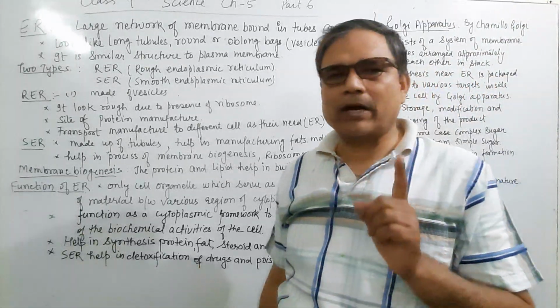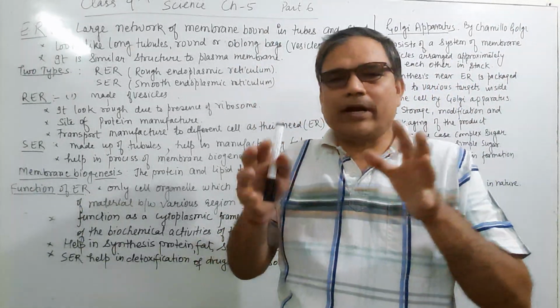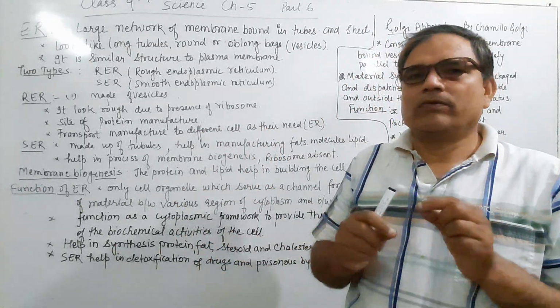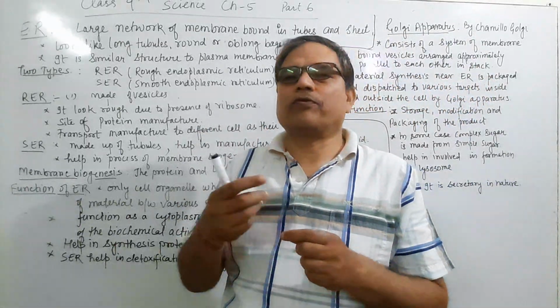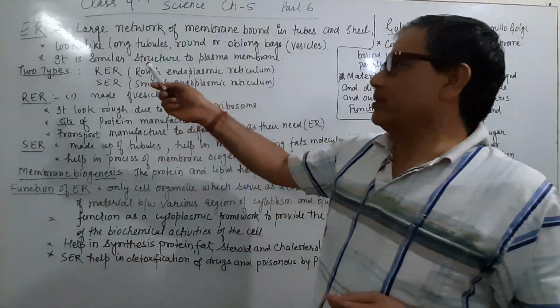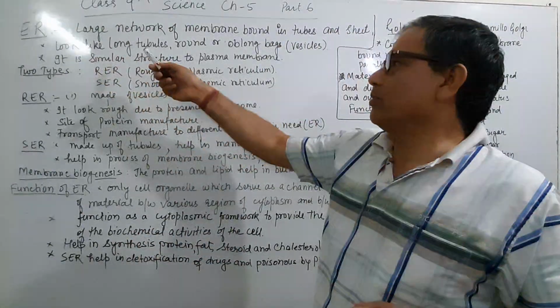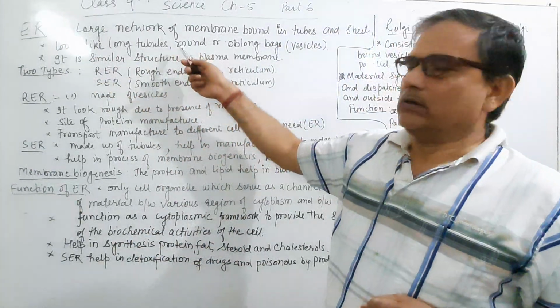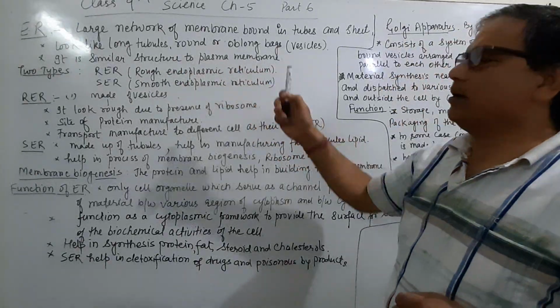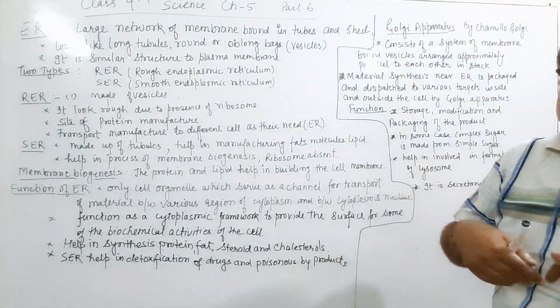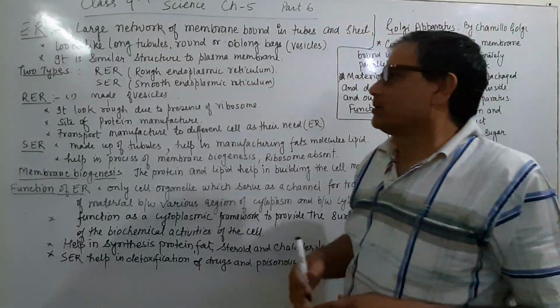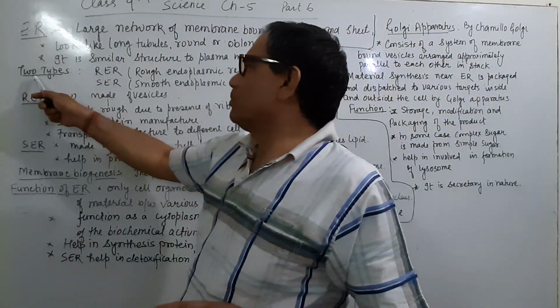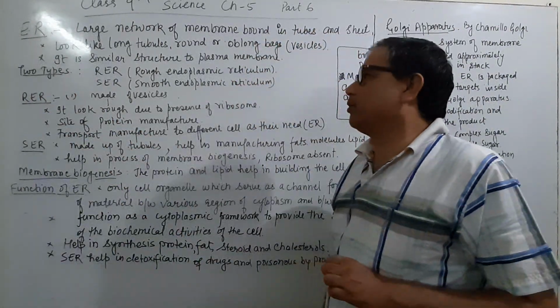It is a membrane-bound structure in the form of sheets or tubules, looking like long tubules and round vesicles. Vesicles are sacs.